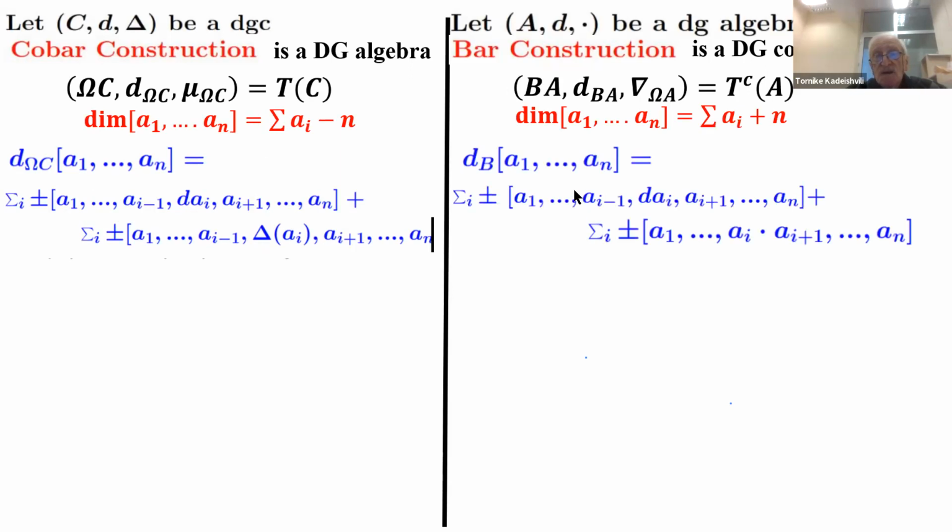Dualize everything. What is the differential in the bar construction? If I have an algebra A, I produce a coalgebra TC, and this will be the bar construction of A with differential dA, where D travels in, or neighbors are multiplied.